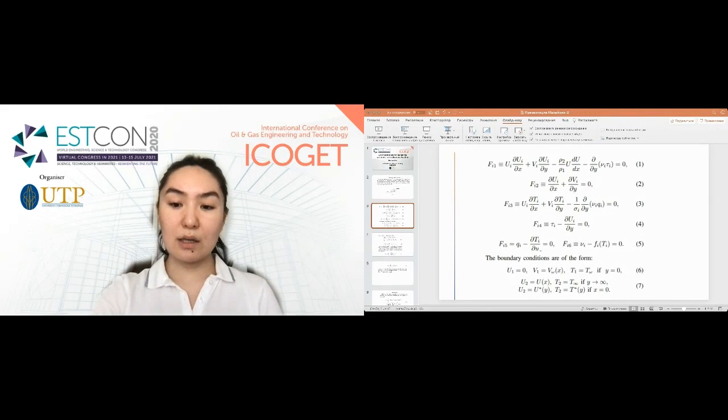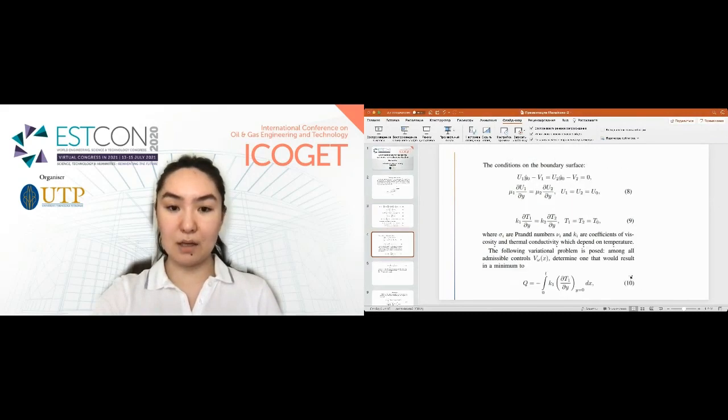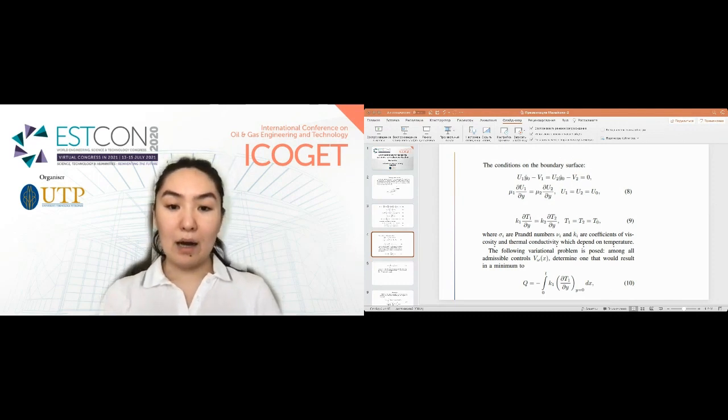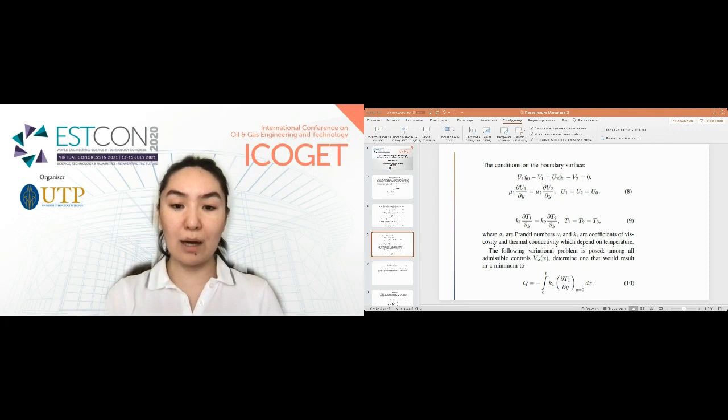The boundary conditions are represented in formulas 6 and 7, and the conditions on the boundary surface are represented in formulas 8 and 9, where σi are the Prandtl numbers, and μi and Ki are coefficients of viscosity and thermal conductivity which depend on temperature.